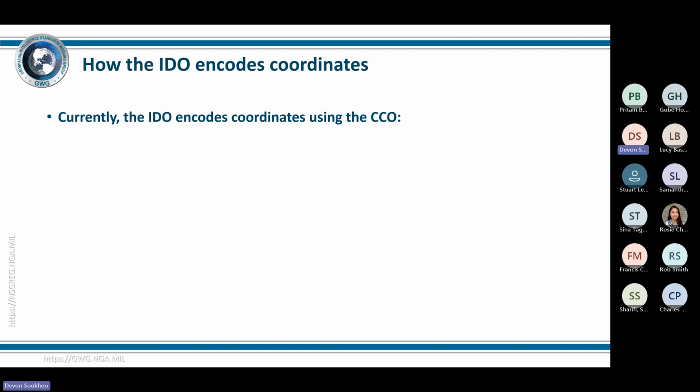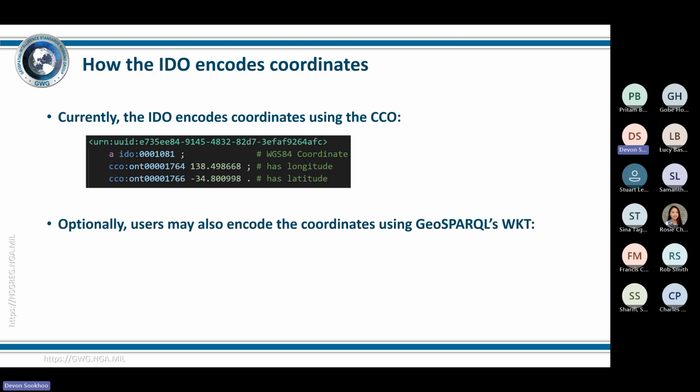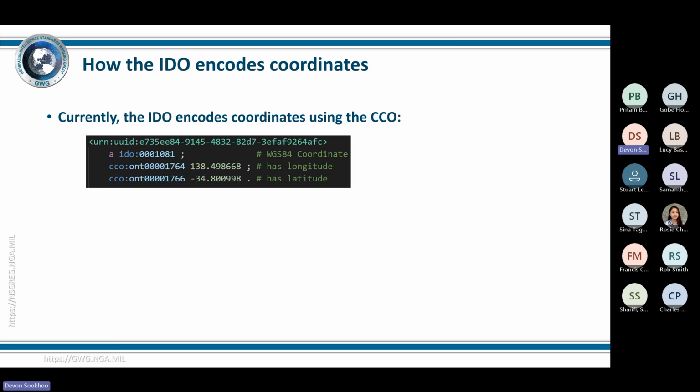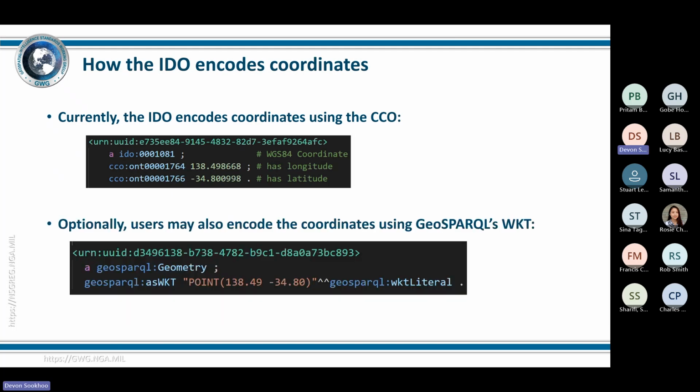Okay, let's see. Currently, the IDO uses CCO to encode coordinates. Optionally, the users may use GeoSPARQL well-known text to encode their coordinates. And when they use the well-known text, that enables the GeoSPARQL functionality that I was demoing before.